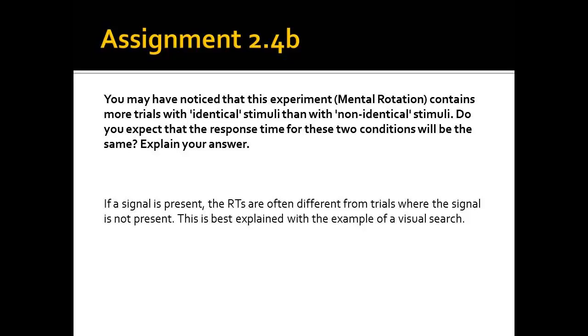And this difference can occur in the first place that they look, or in the last possible place for them to look. And again, you see that in these kinds of experiments, you can observe response times in one condition that are about half of the response times that you observe in the other condition.